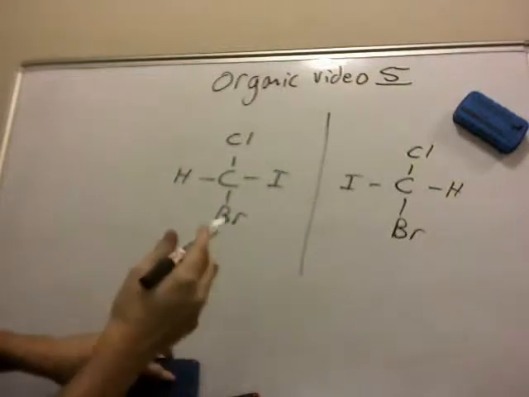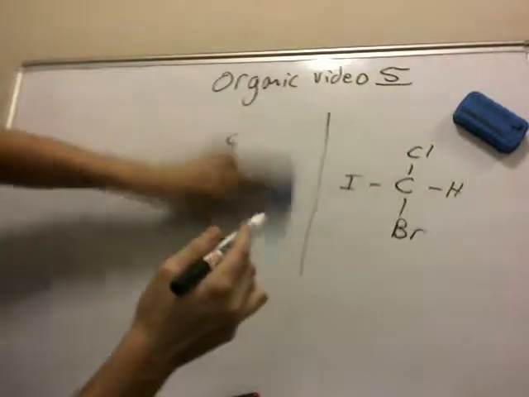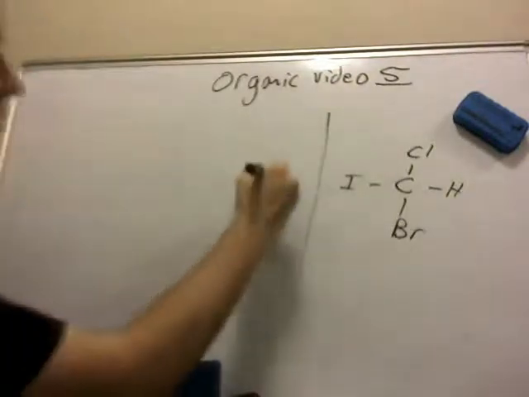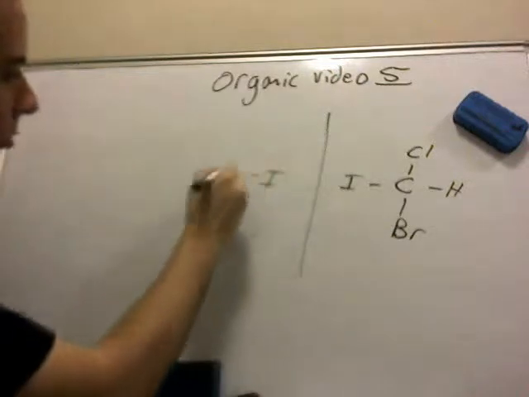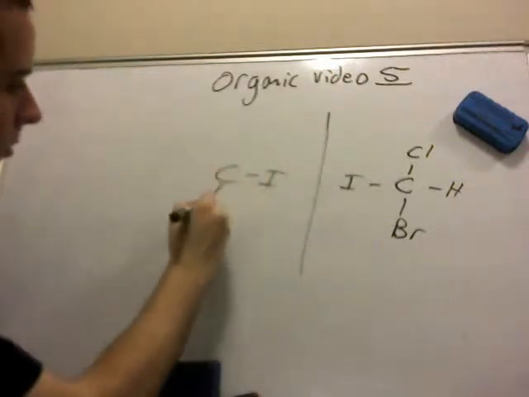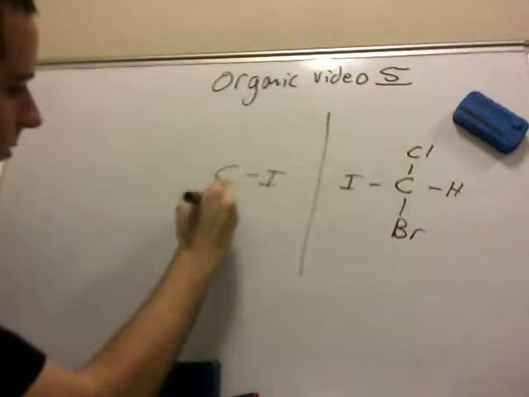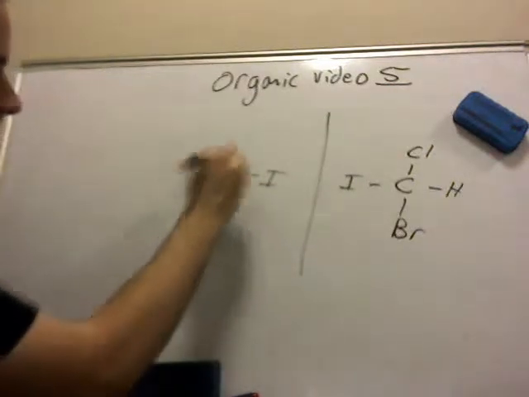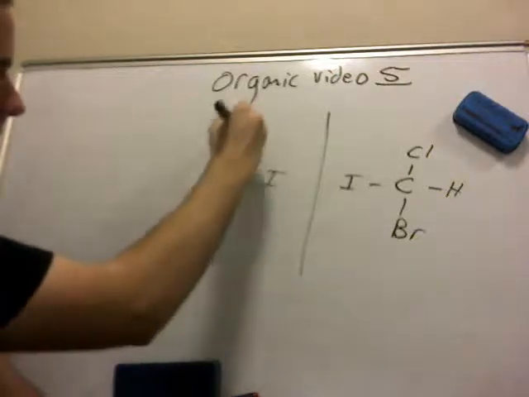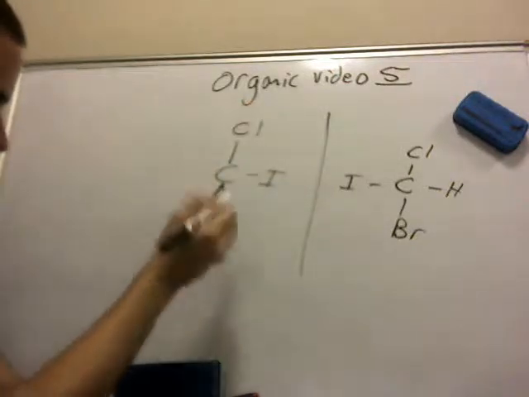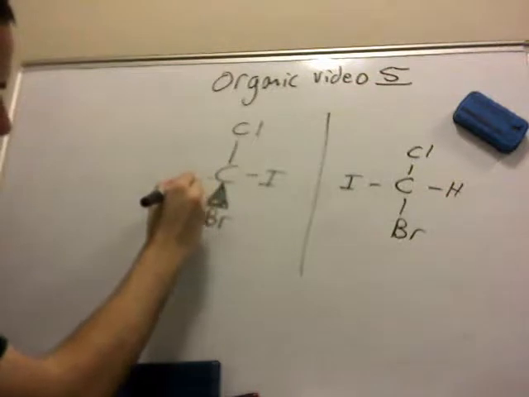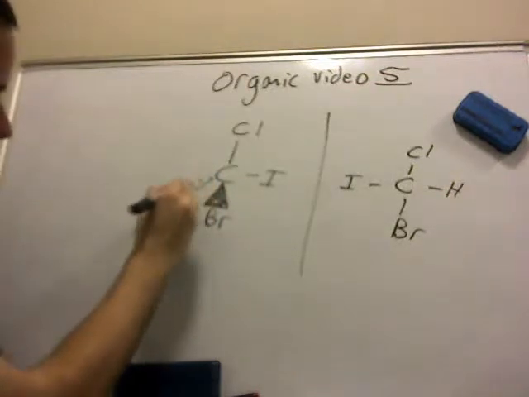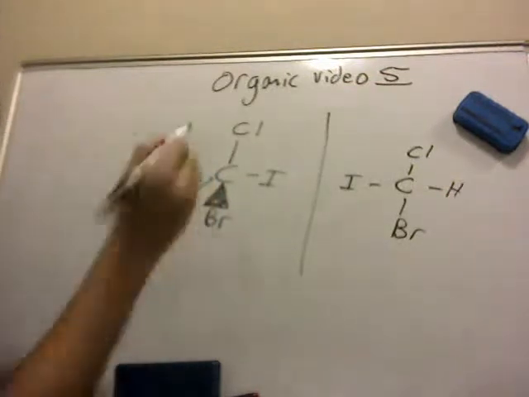So let's draw this in a 3-dimensional structure, shall we? We'll picture the iodine on the plane of the board. The bromine is going to be coming out at us. Chlorine is on the plane of the board, and the hydrogen is going in back of the board.